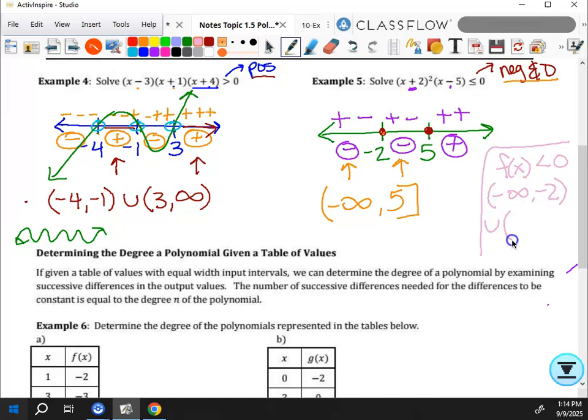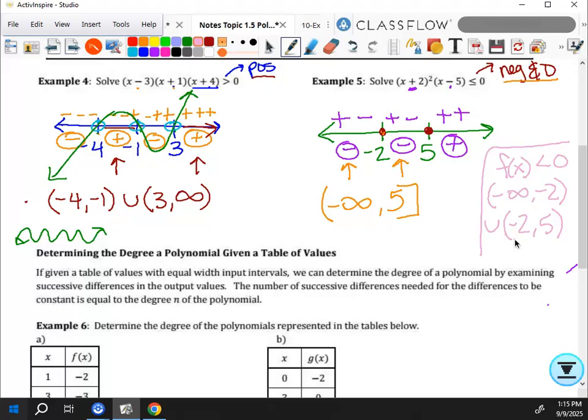I have to jump over it, start back at negative 2, and go to 5. Okay. So I don't ever want to jump over them if it's closed, but this basically just means here I'm just leaving out negative 2, where here I got to include it, and that's why it's one big interval. We okay on those? Questions?